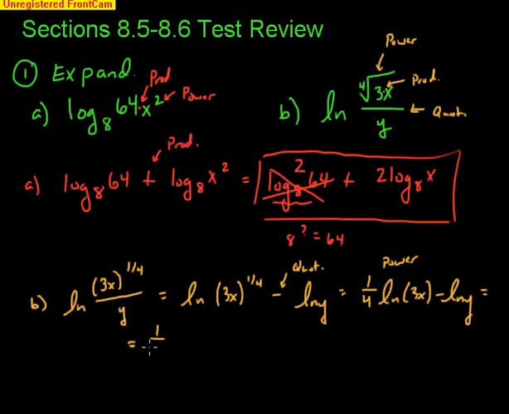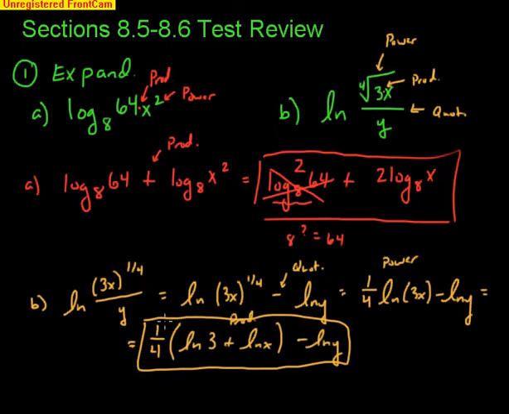So notice what I'll do. 1/4, and I'll put it in parentheses. And when I expand this, natural log of 3x becomes natural log of 3 plus natural log of x, so that both get the 1/4 power. And then the minus natural log of y hangs outside. So this was the product property. And this is a good answer.